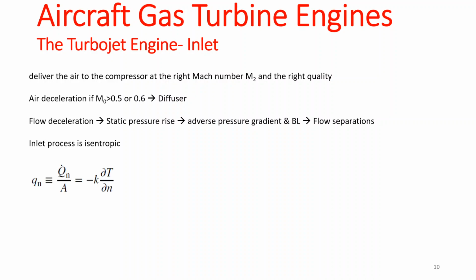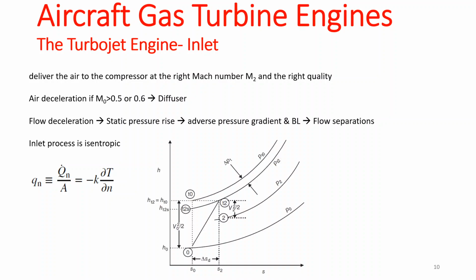Because of the viscous friction, we always have some sort of a heat loss or energy loss to the boundaries. And you can actually simply use Fourier's law to find the temperature gradient because of that friction loss, if you will. But your h-s diagram is going to look like this. We are going from station 0 to station 2, right?